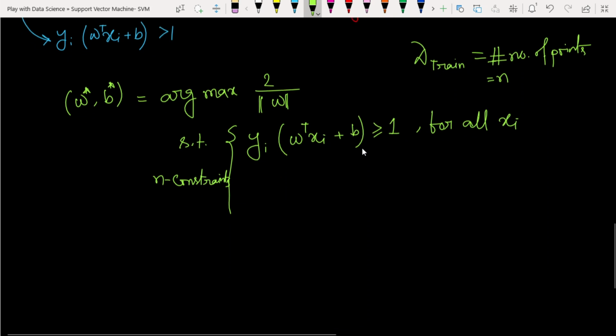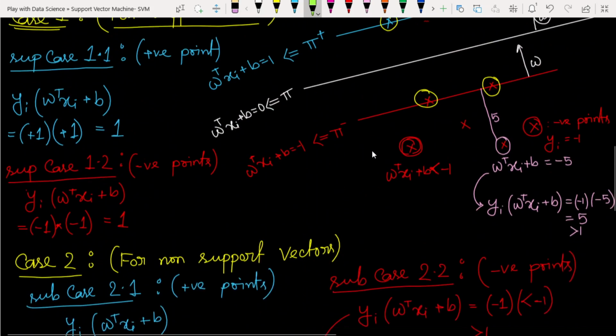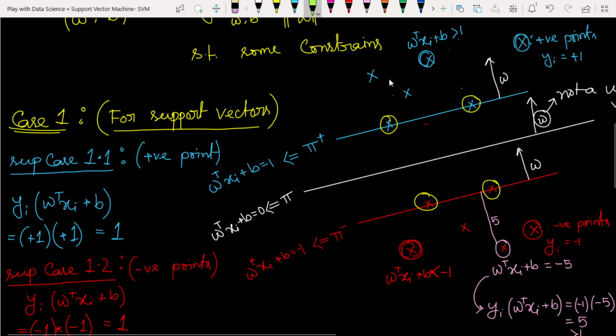Now you can raise one question: sir, in the real world the situations we are taking are almost linearly separable, or simply here I am taking linearly separable data. Here I am not using any outliers or any such misclassified data.